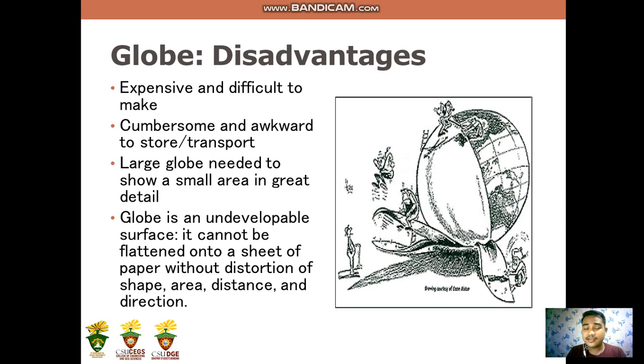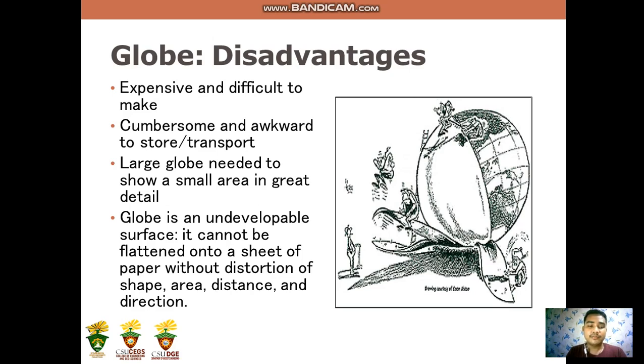Disadvantages of a globe: it is expensive and difficult to make, since magbuhat around na shape, cover pa nimo and so on. It's cumbersome and awkward to store or transport. Like for example, maadto ka isa ka lugar, magdala ka og globe, di ba? So awkward siya compared to map na handy lang siya.